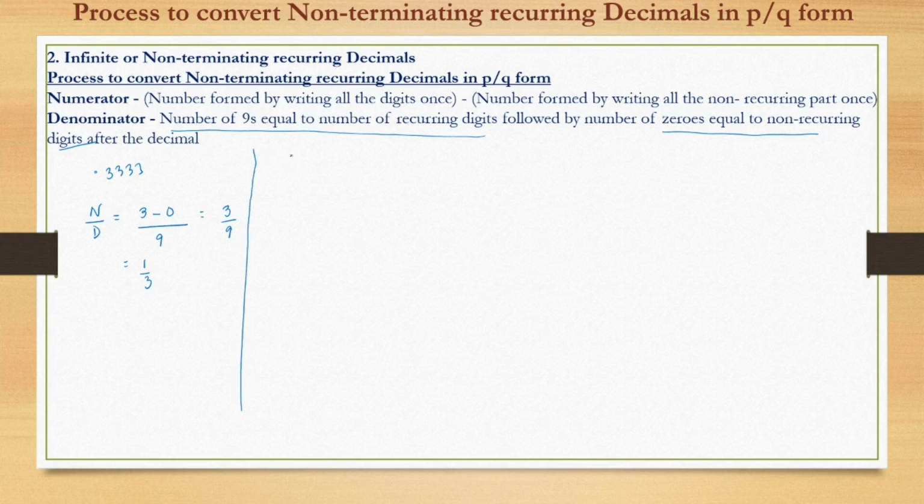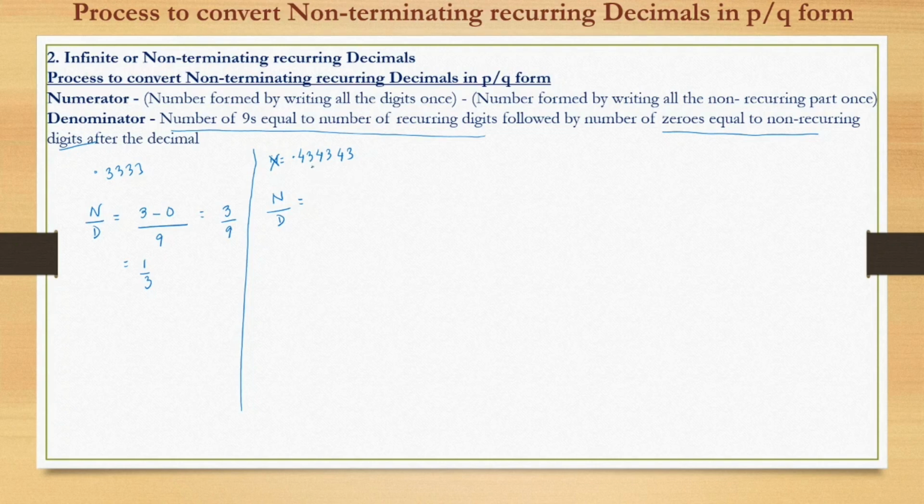This is one example. Then we had taken 0.434343... So now again, let us take x is equal to 0.43 recurring. We will convert this into a fraction, numerator upon denominator, using this formula. So what does this say?